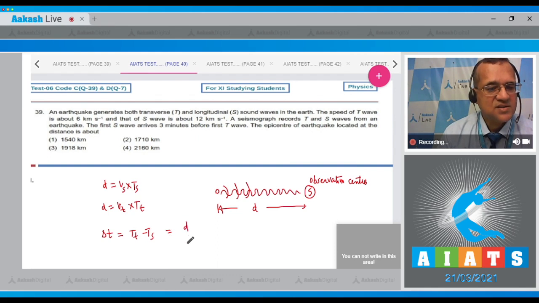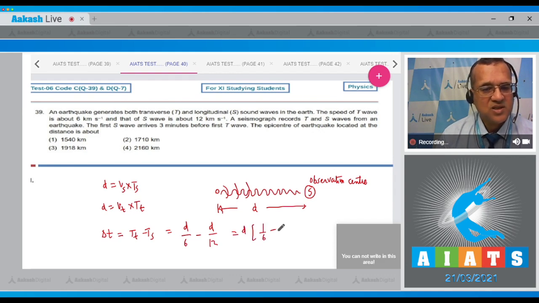Time is distance divided by speed, and the speeds are 6 km per second and 12 km per second. So I take d out, and this is 1 by 6 minus 1 by 12, which is equal to d divided by 12. Now the time difference given is 3 minutes, in seconds 3 into 60, equal to d divided by 12.